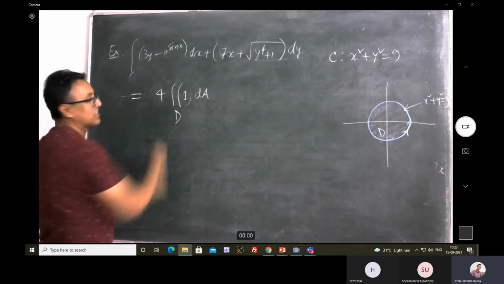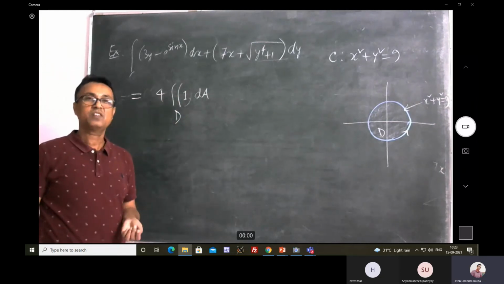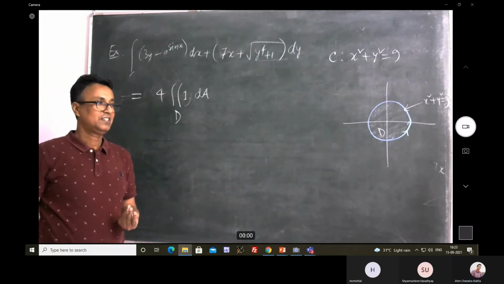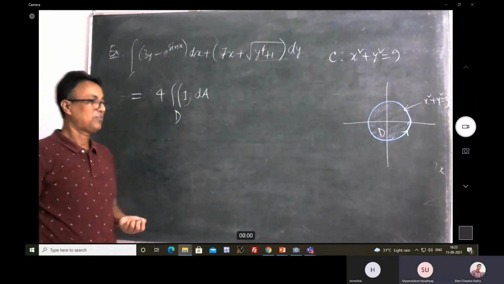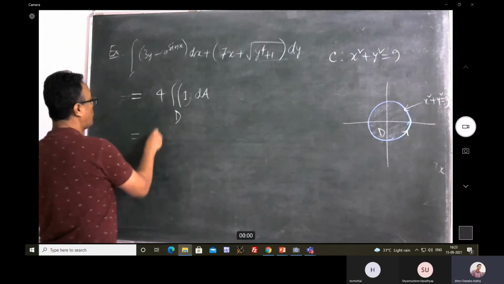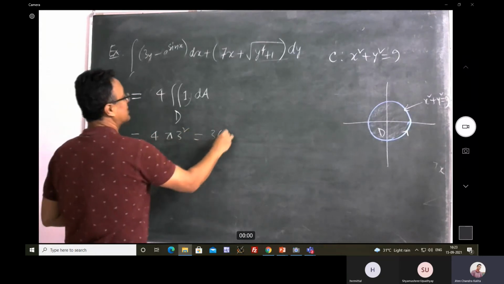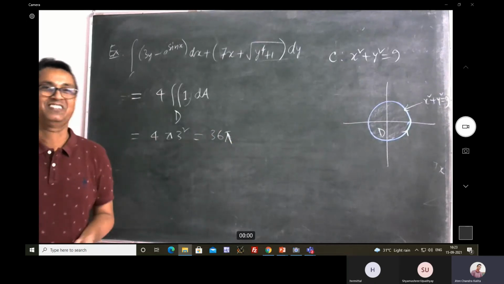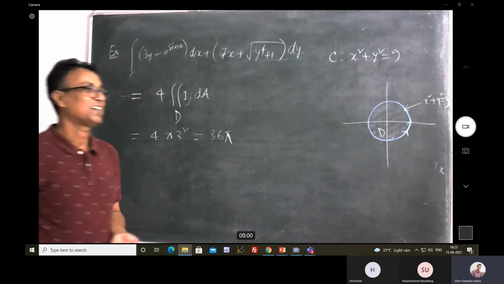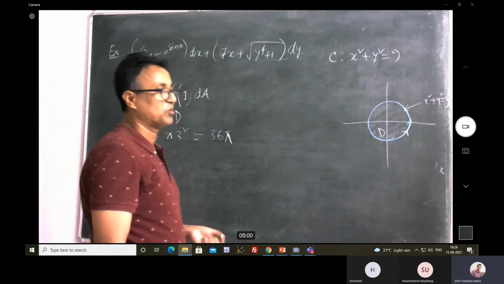Now you know that if the integrand is 1, it simply gives you the area of that particular region, isn't it? Fine. So I would have simply got 4 into pi r squared, 3 squared, so 36 pi. I don't even have to use any r, d theta, dr, all this stuff.